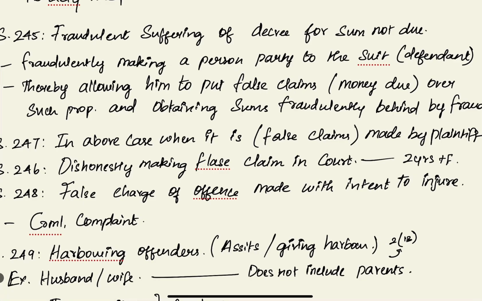Section 245 deals with fraudulently suffering a decree for a sum not due. When there is no sum due at all, even though he fraudulently represents that he is suffering, and that he has some sort of interest over such property.